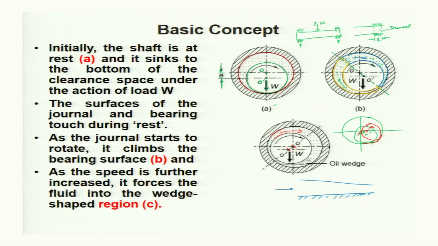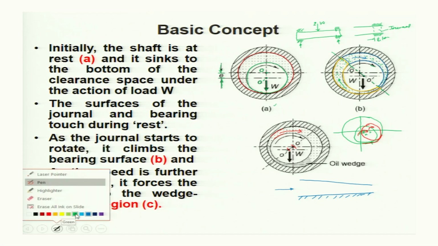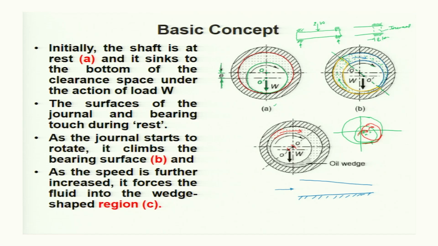Similarity means the bearing surface, this one is stationary, so it may be this plate, and the journal surface is moving, so that may be this surface, and this surface is moving with a surface speed u. Okay.